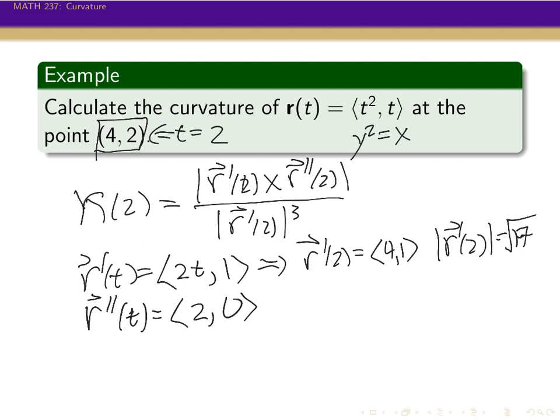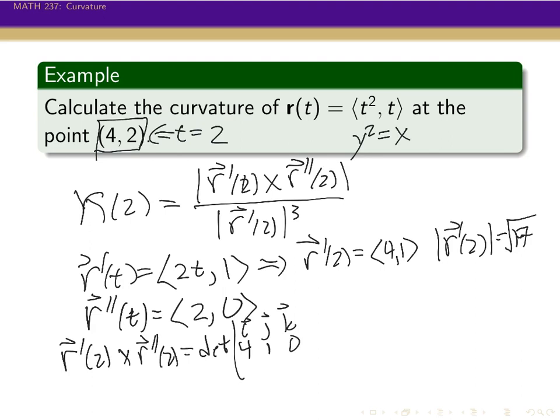Okay, and so then to take a cross product, remember we just add 0 in the other component. And so r prime at 2 cross r double prime at 2 is this determinant: i, j, k, where my components, r prime is (4, 1, 0), r double prime is (2, 0, 0).